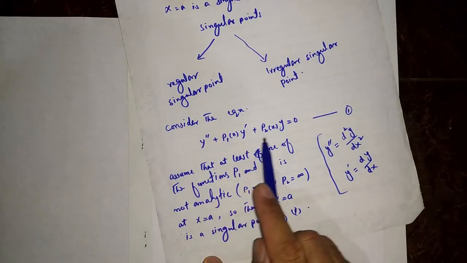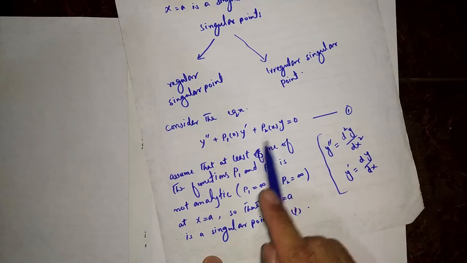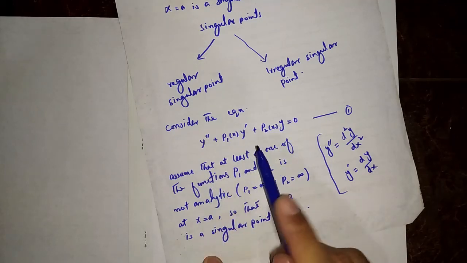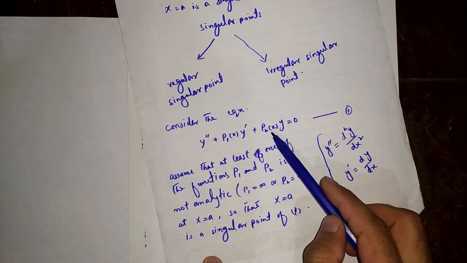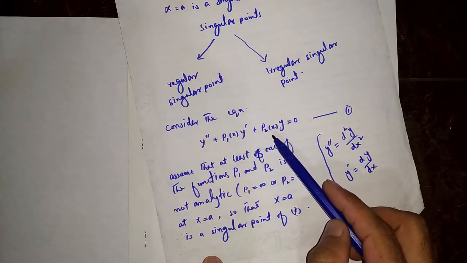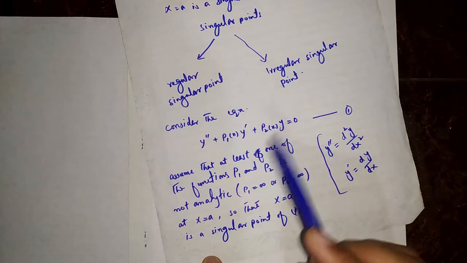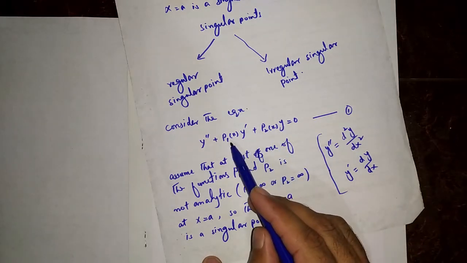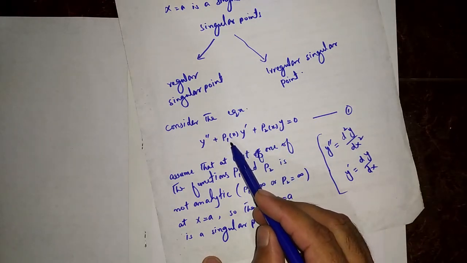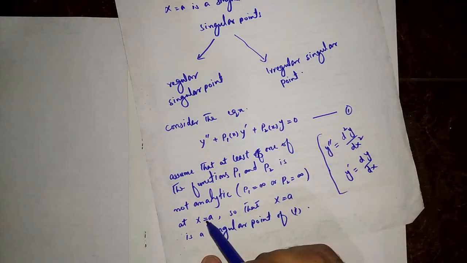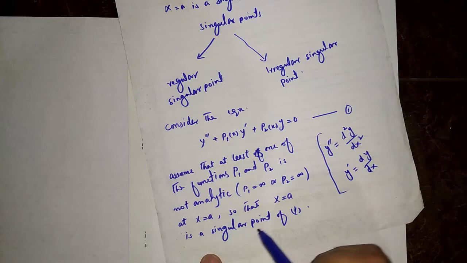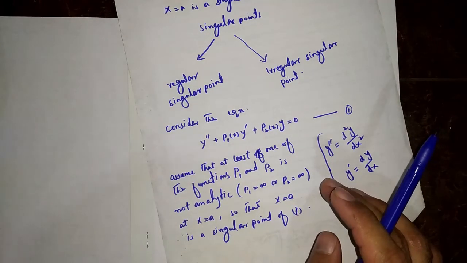We have a differential equation of this kind, and we assume that either this function p1 or this function p2 is not analytic. This means that either this is infinity or this is infinity at the point x equals a. Then this point is called a singular point.